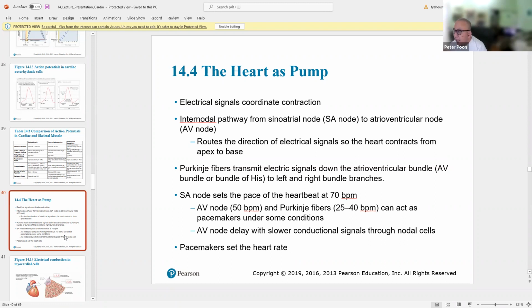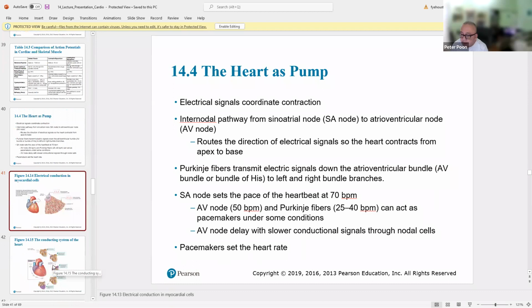Your Purkinje fibers are even slower than that. They can act as pacemakers under certain conditions, especially the AV node. The SA node really doesn't have to work for your heart; it just helps a lot. Your SA node contracts your atria, and your AV node controls your ventricles.